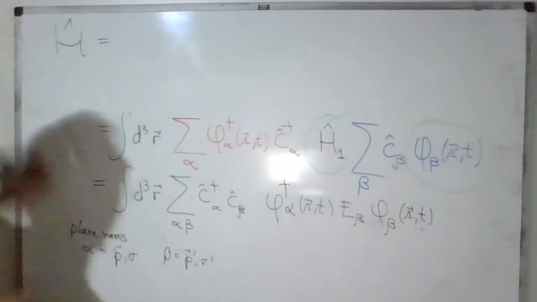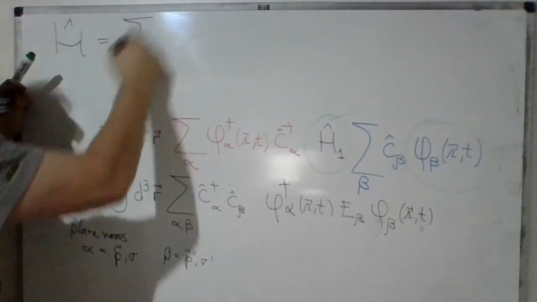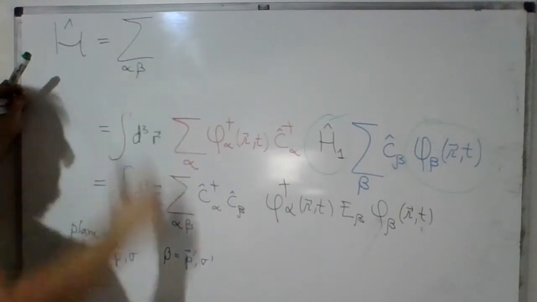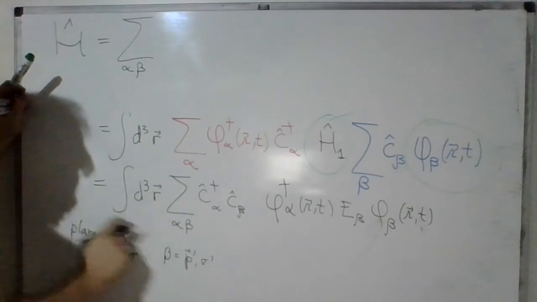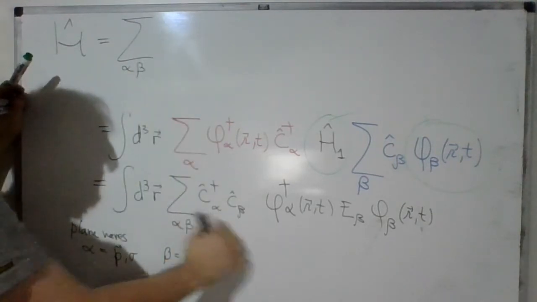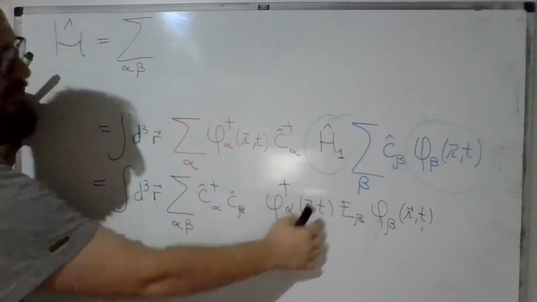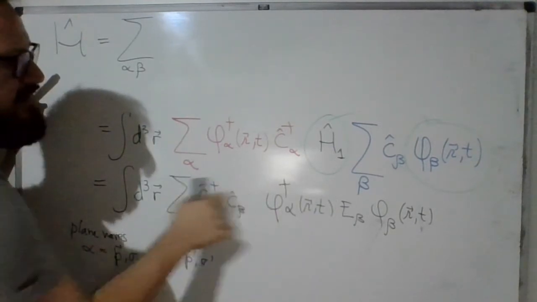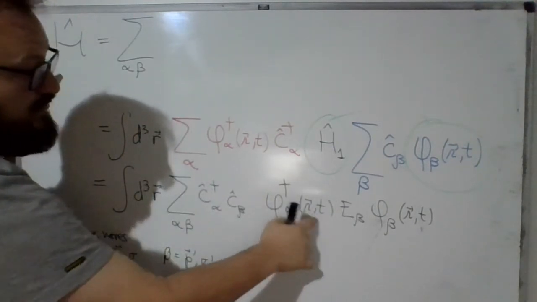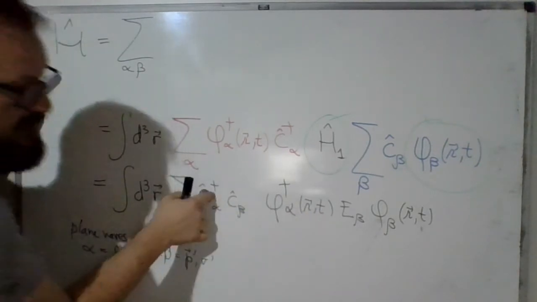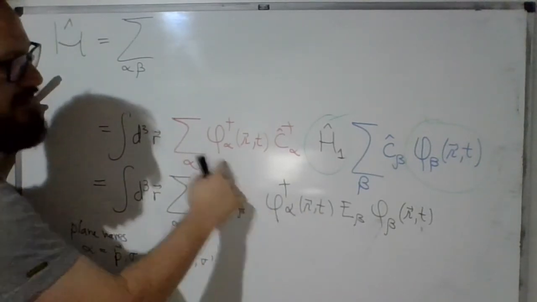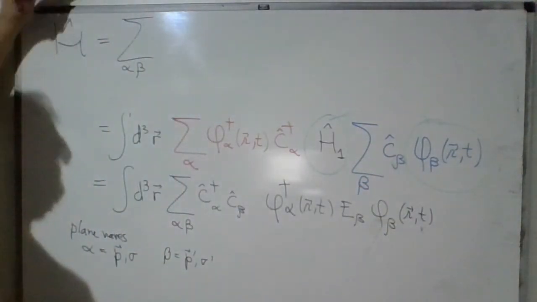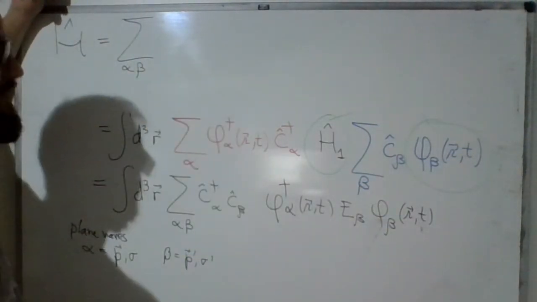What we have here is a summation, because I can commute the integral with the summation. This doesn't depend on the position. I am able to just insert time dependence here, but of course, not position dependence, because all the position dependence is in the eigenfunctions of the first quantized Hamiltonian.